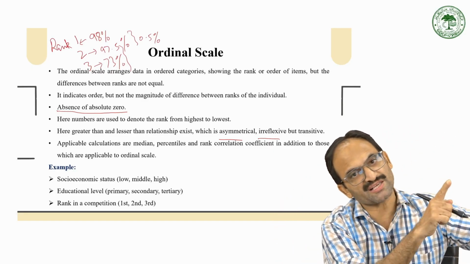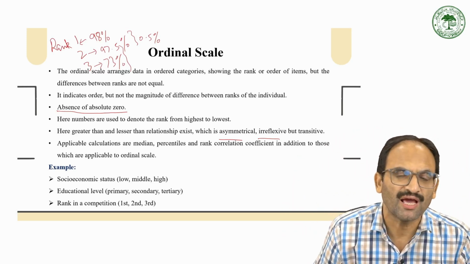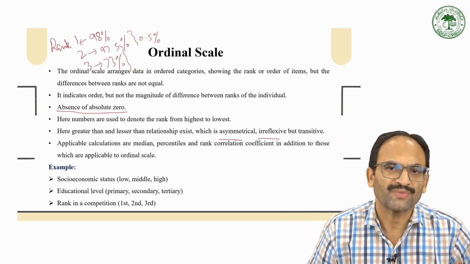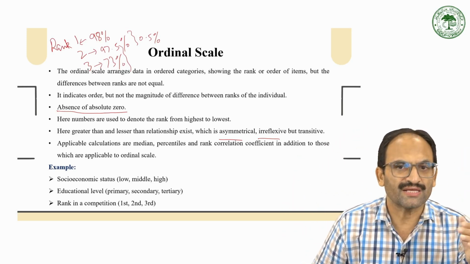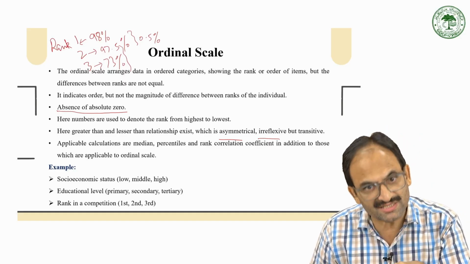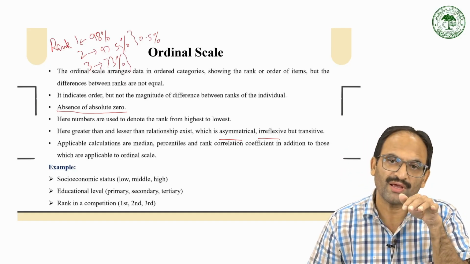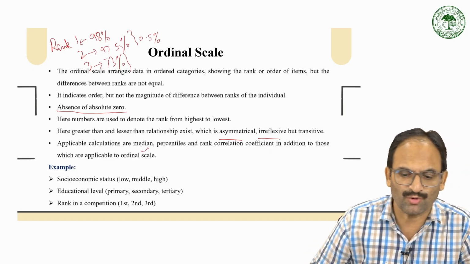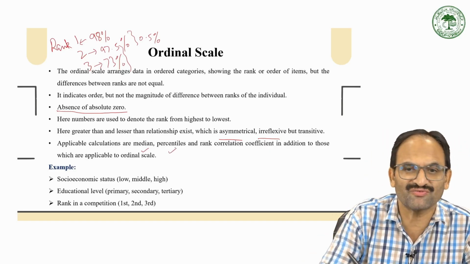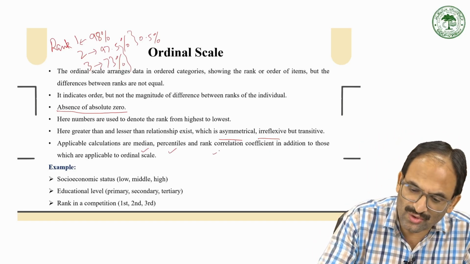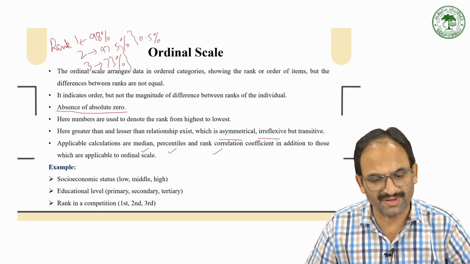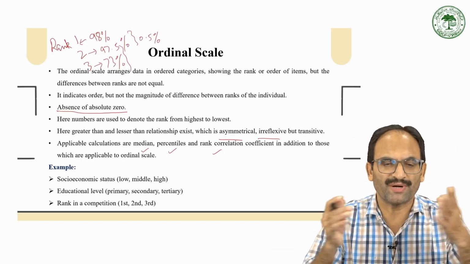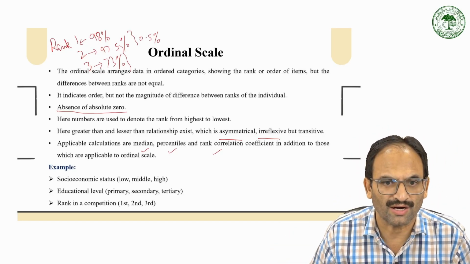As in the previous case when I was discussing nominal scale, I told you that mode will be the best way. Here in the ordinal scale, the moment you have collected the data on ordinal scale, median will be most appropriate, percentiles will be very good, rank correlation will be very good.